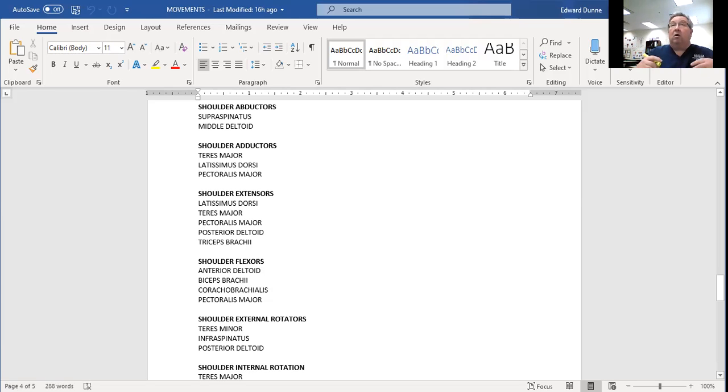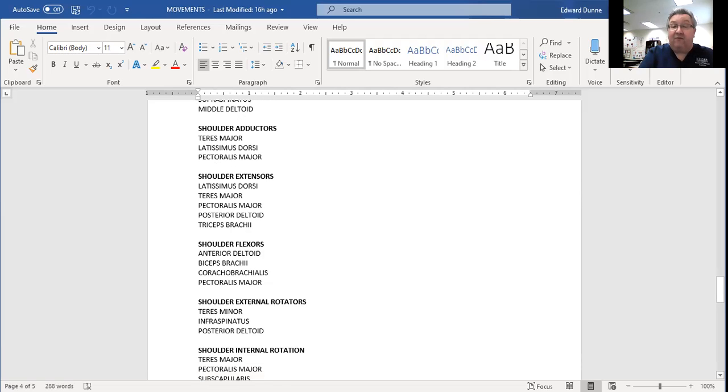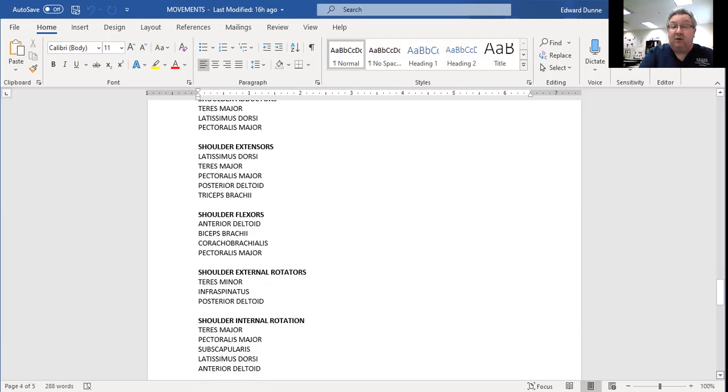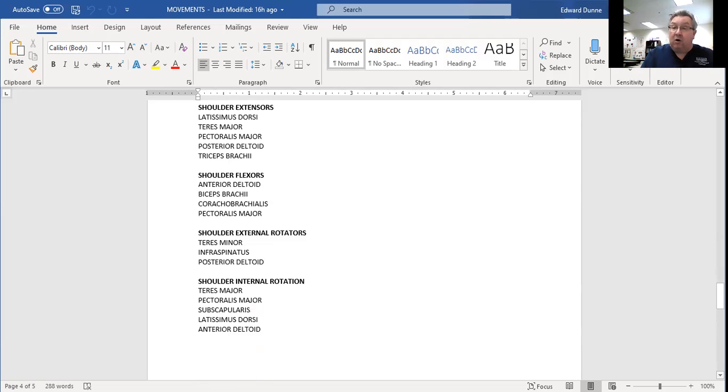Again, you guys got to start to picture the muscles where they are, and that will help you with what they do and what their job is. Sometimes you're not going to remember every single one of these motions. So you're going to have to know where it's located, what its origin and insertion is, and that will help you. Here's the thing.